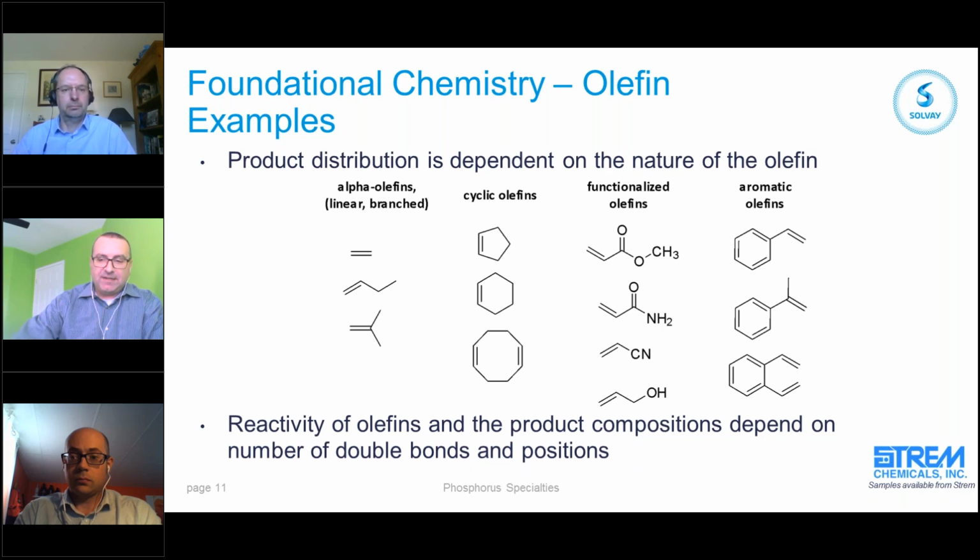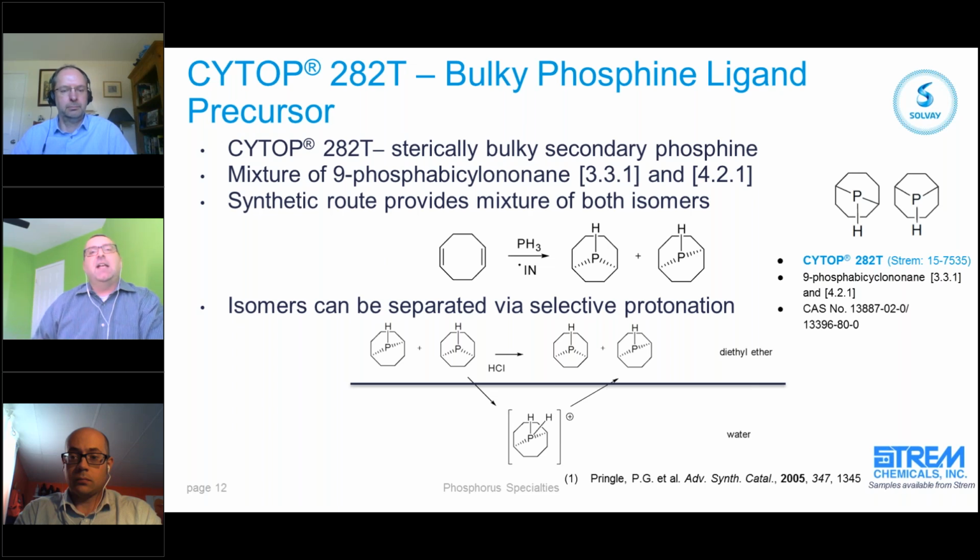Just to give you a flavor for some of the product diversity, I'll talk a little bit about the reaction of phosphine and cyclooctadiene. I've shown in that scheme that phosphine can add to both double bonds in the cyclooctadiene structure, giving rise to a pair of isomers, one on the left that we call the asymmetric isomer and one on the right, which is the symmetrical isomer.